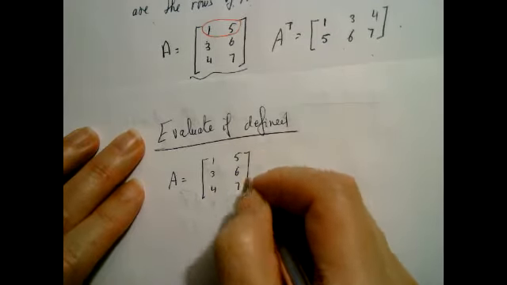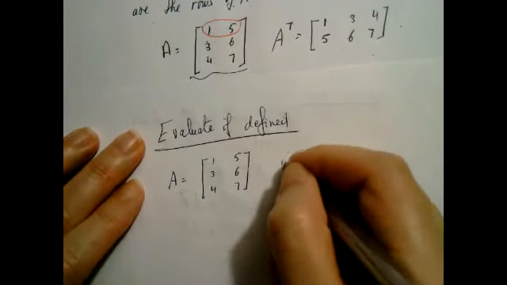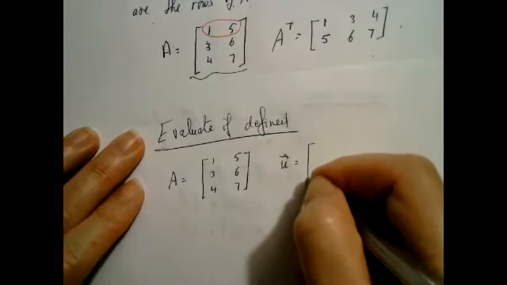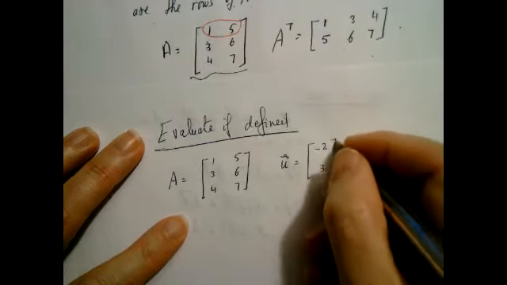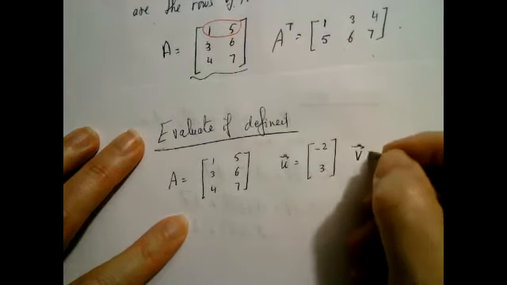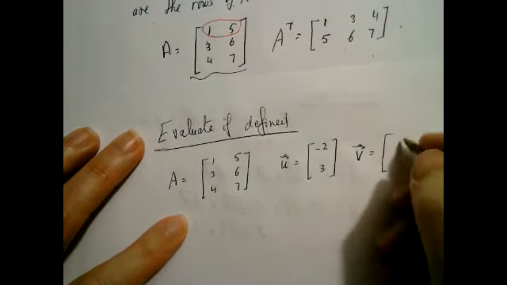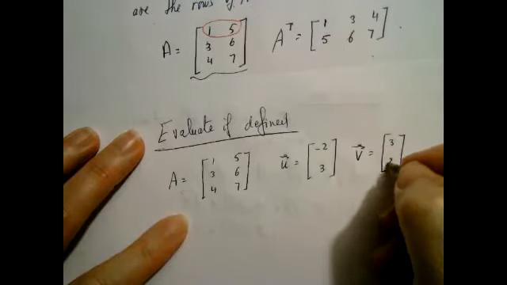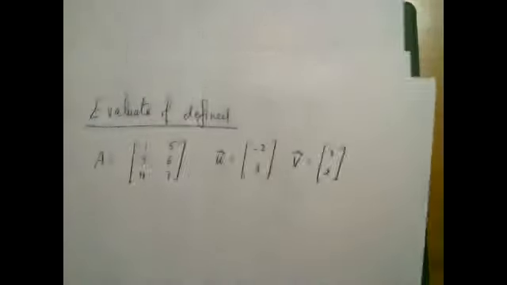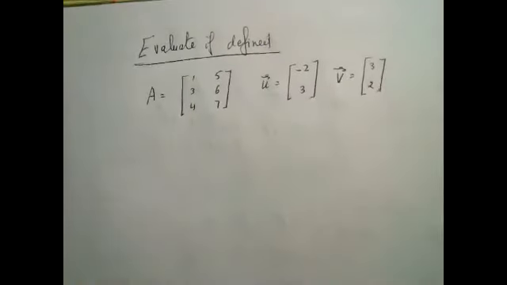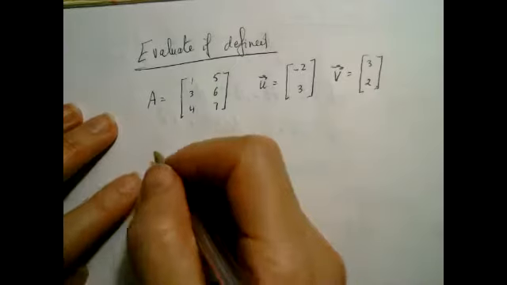I won't change that. And I want to take U, a vector in R2, minus 2, 3. And I'm going to take V to be another vector, 3 and 2. I don't have to, but I think vectors are nice to work with. Now I'm going to give you a bunch of products, and the question is, are they defined?